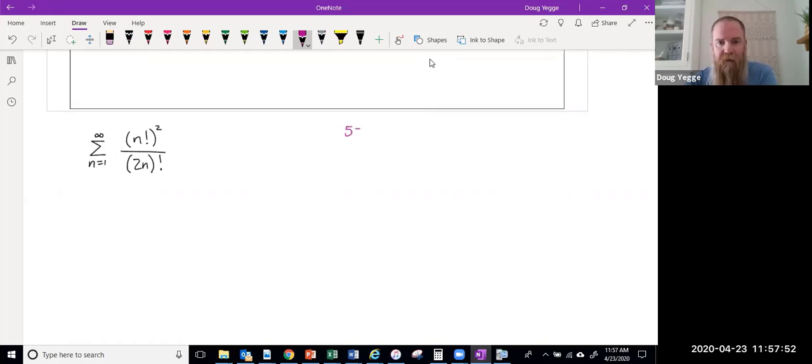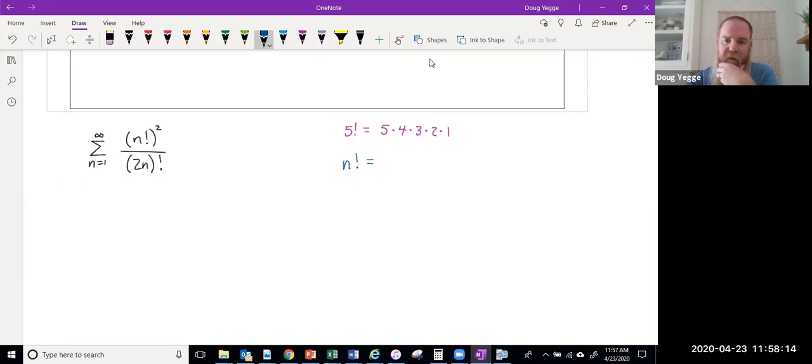5 factorial is equal to 5 times 4 times 3 times 2 times 1. Okay, but let's look at a few other factorials that involve variables. So what about n factorial?